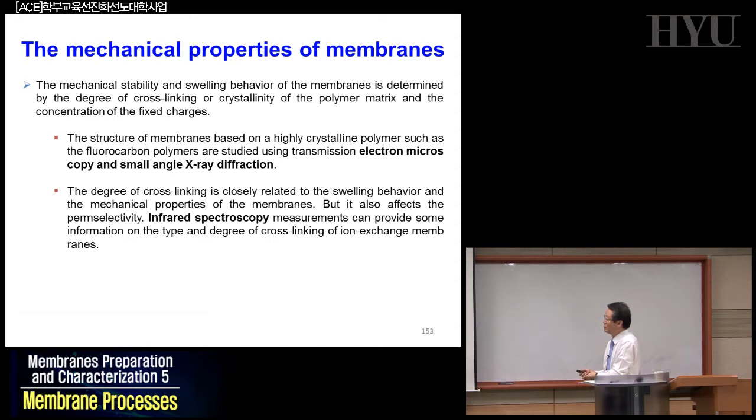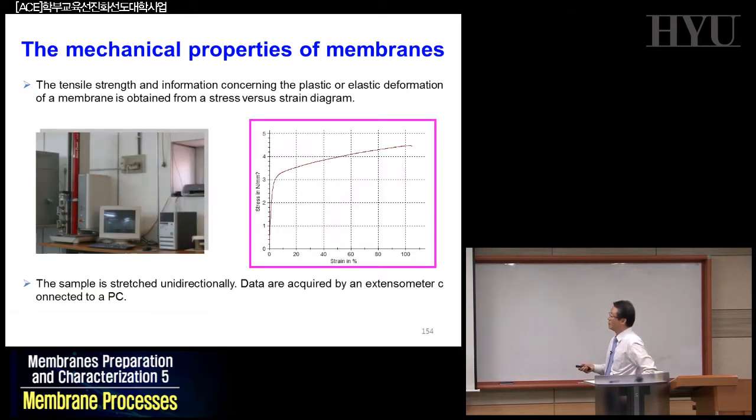You can see the clusters, you can see the ion gets together, or you can detect the degree of cross-linking as well using the IR spectroscopy and so on. So other techniques can be also used for the mechanical stability, but I think this time I can show you the very simple way of measuring the mechanical strength. Which was given in this picture.